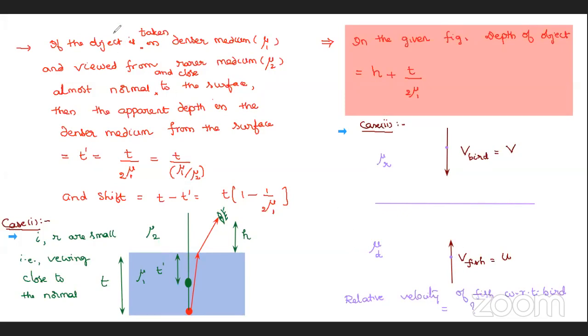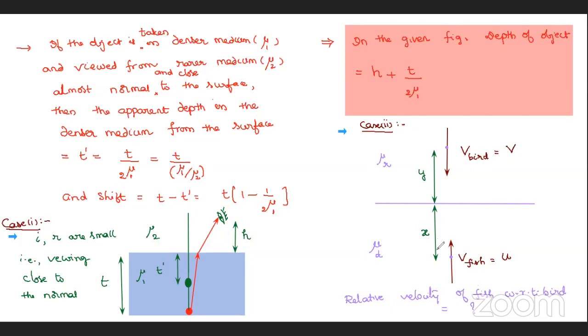Okay, means the instantaneous height and depth here I am taking. Let the height of the bird at an instant and the depth of the fish here be some unknown values. Okay, let it be y and let it be x.